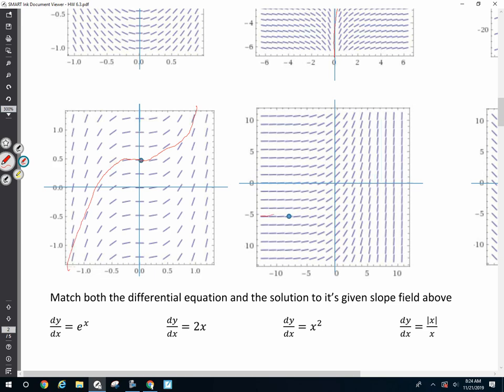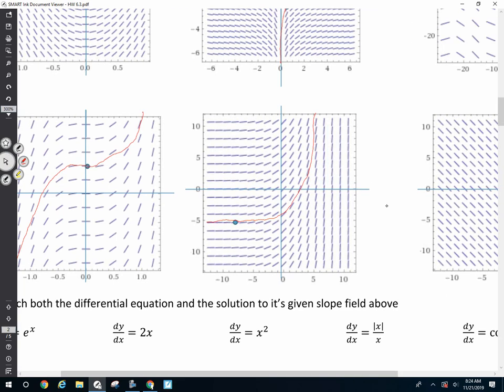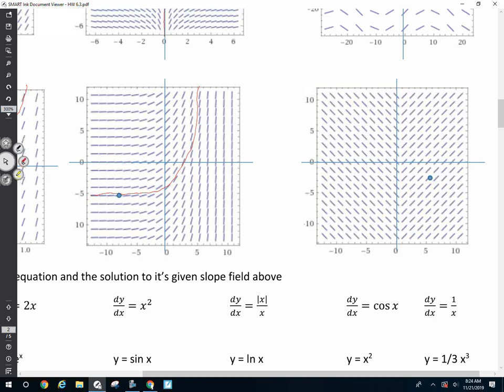This one, it looks like we're just going to shoot straight up. This one's cool. So I'm going to be going up constantly, down constantly, and then I get to this point, go up like that.